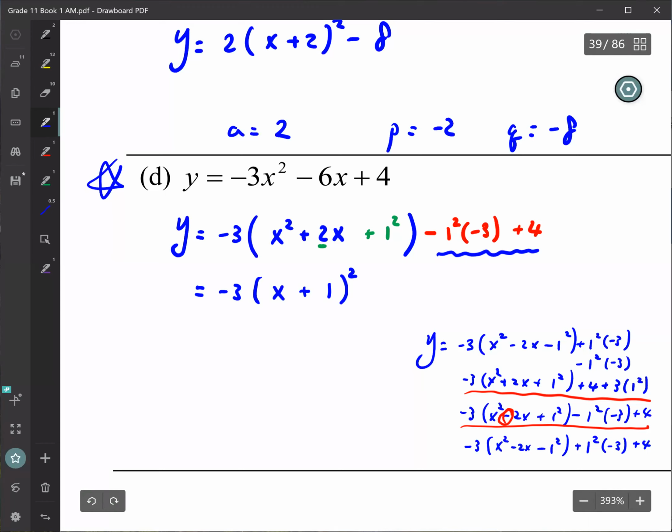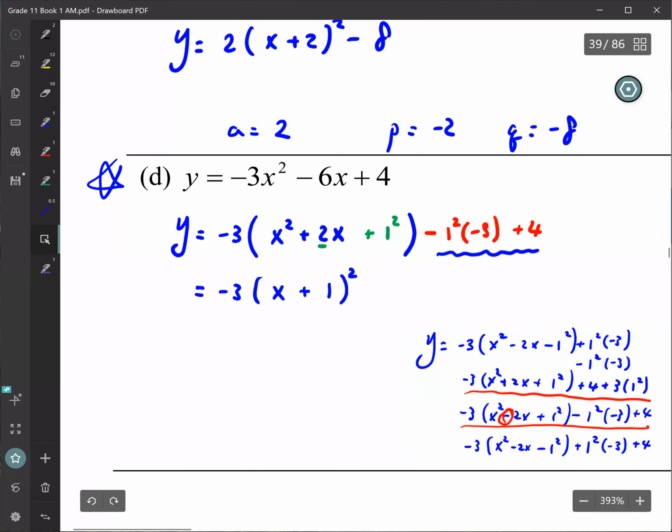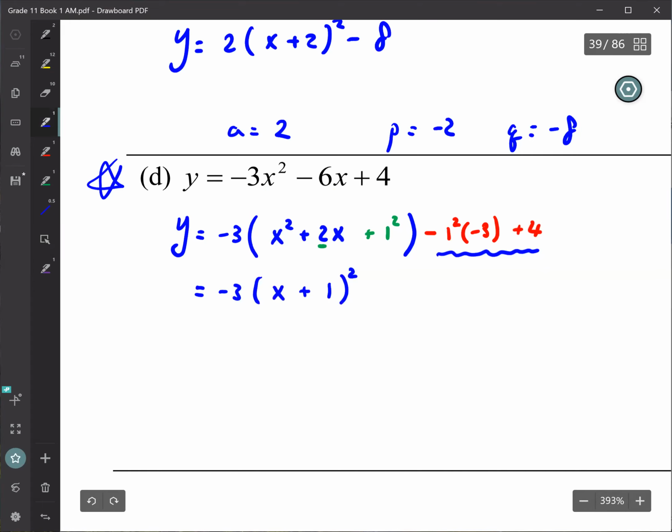Can you raise your hand if you get the number outside the brackets? Plus something. Raise your hand if you got the number.